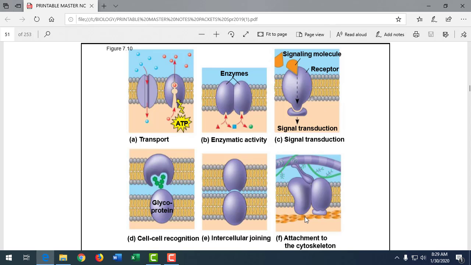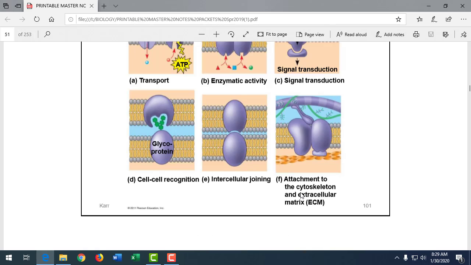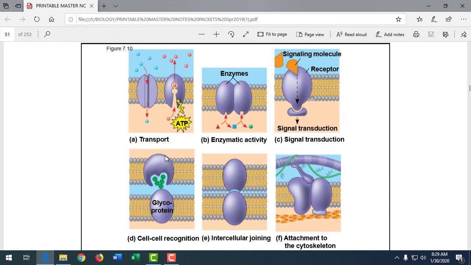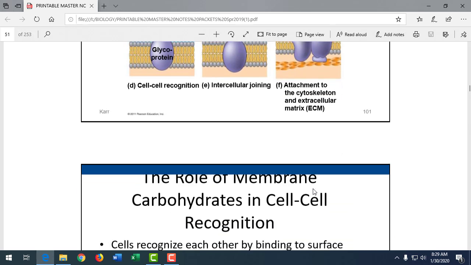So inside and outside, these proteins can attach. Okay, so that's proteins. So lots of different functions of proteins. Transport, enzymes, signaling, recognition, holding cells together, and holding an individual cell together.